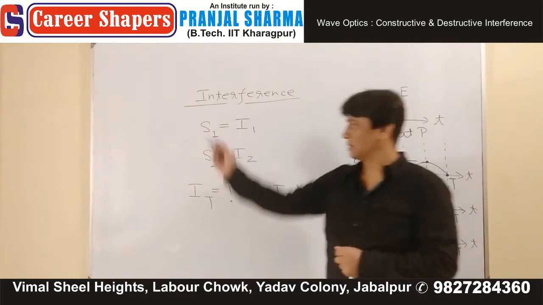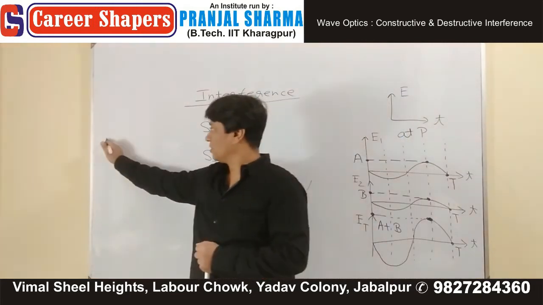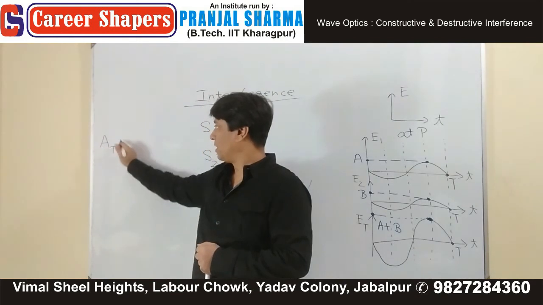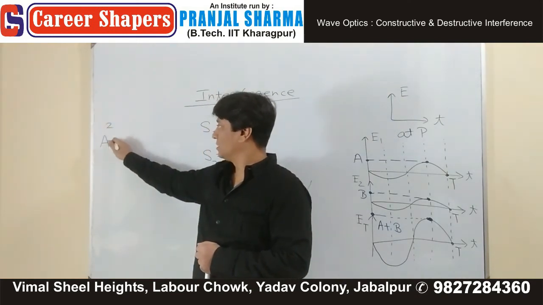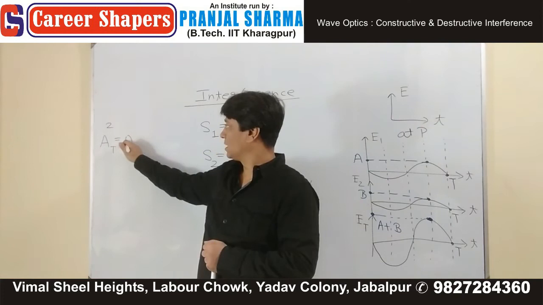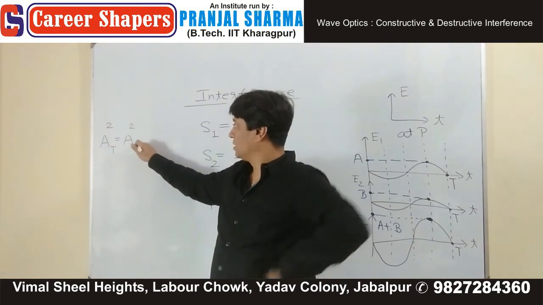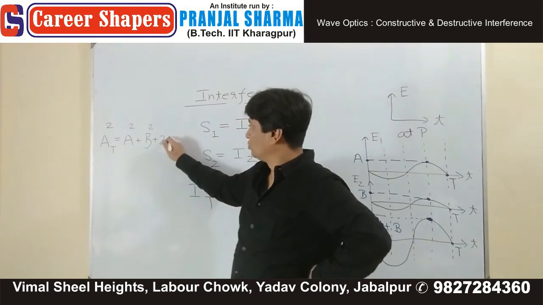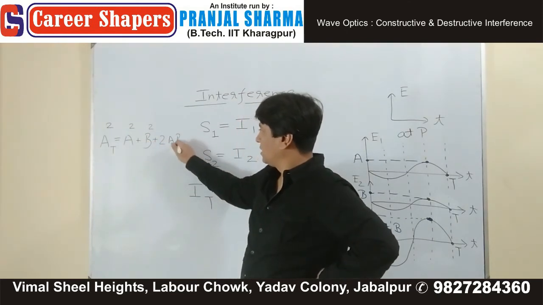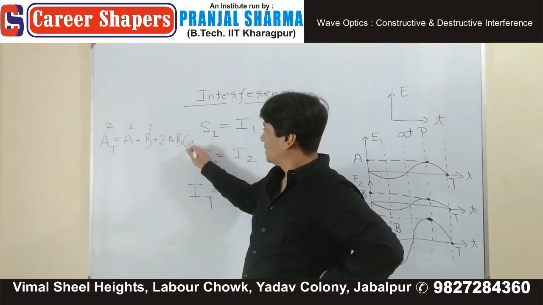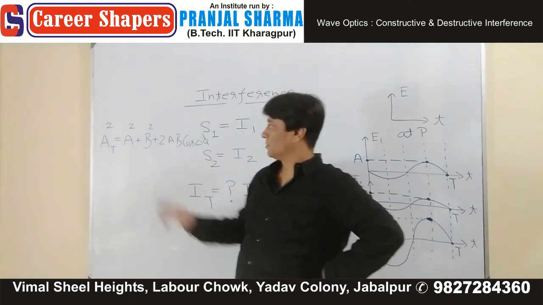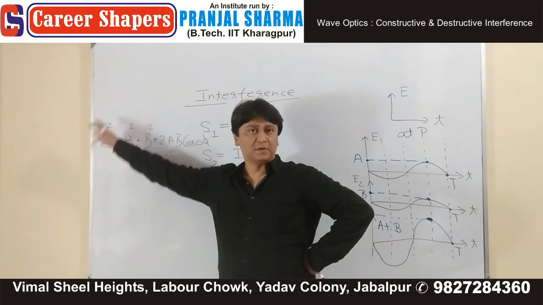Look here. What was A total square? A square plus B square plus 2AB cos of delta phi. Shifted the root, made the square and all.